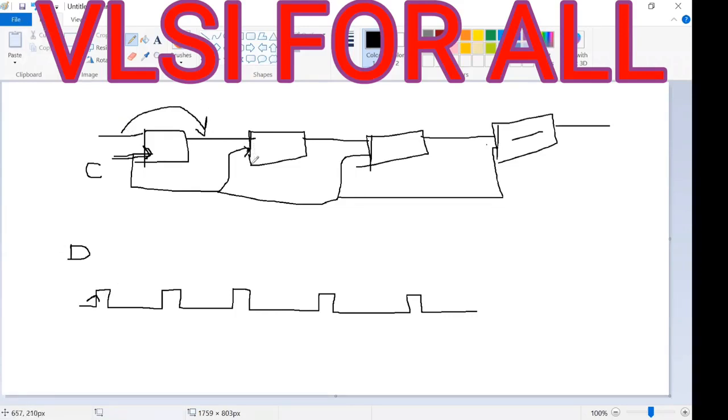But due to the non-idealities, due to delays in this clock net, what will happen is when we apply this clock here, this will appear immediately at this flip-flop. But due to this net delay, this clock will appear in a bit delayed fashion. Let's say it will appear here. This is the same clock, okay?